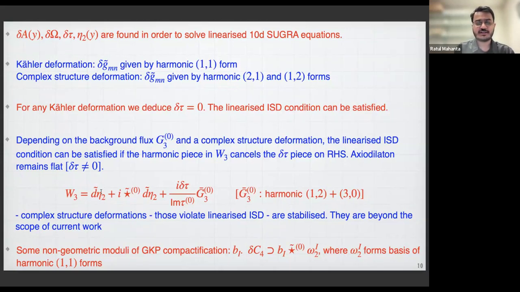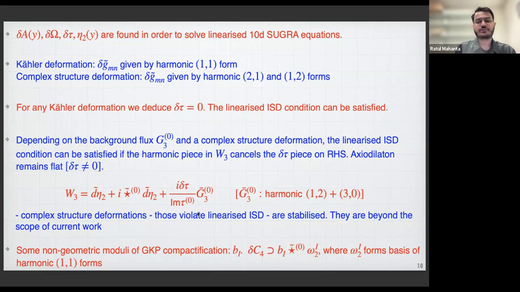This term is exact. This can be written as a co-exact form, and this is harmonic because the background flux is harmonic in the GKP background. So any harmonic piece in the W3 should match with this component on the right hand side, and if this can be done, then we will call the complex structure deformation in that background a flat direction.